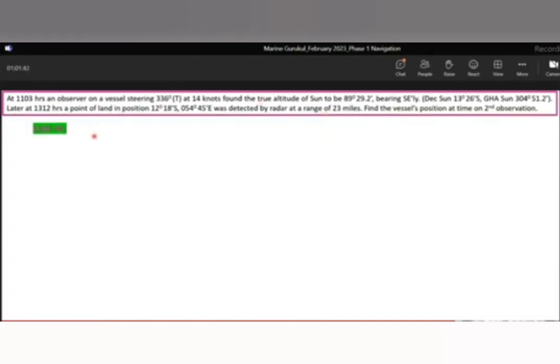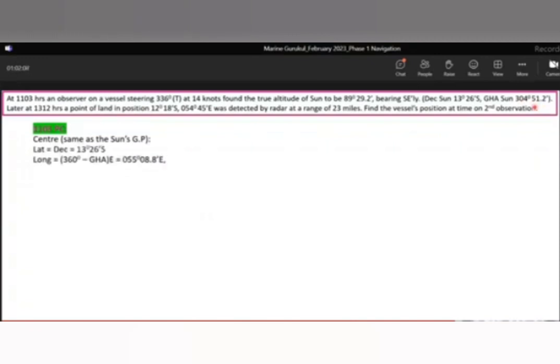That 1103 PC shall be drawn with the center as the sun's GP. What will be the GP of the sun? Latitude shall be equal to the declination and longitude shall depend on GHA. Here the GHA is more than 180. So the longitude will be, because longitude cannot be more than 180, 360 minus GHA, and this time the longitude shall be easterly.